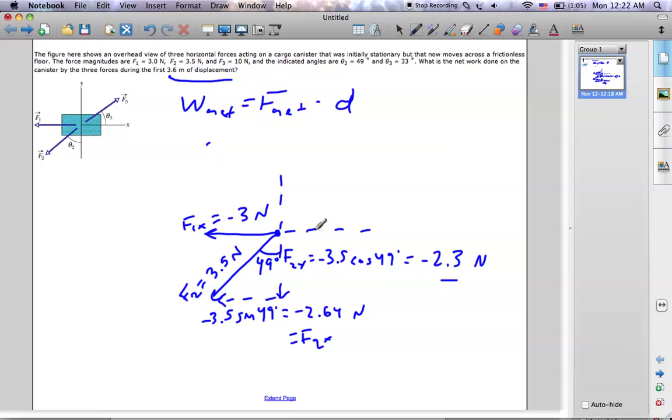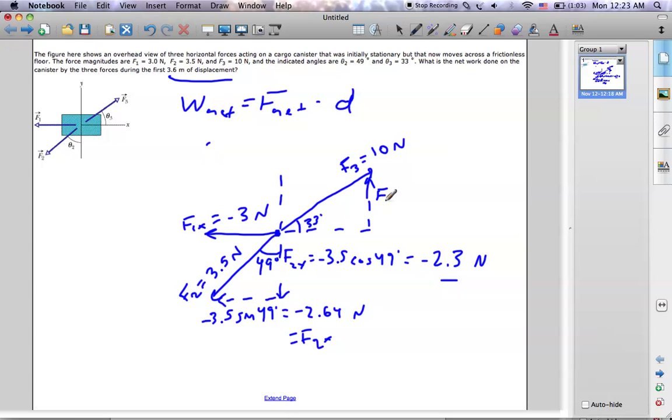And then there's this third force with a magnitude of 10 newtons. Breaking it up into its components, the angle between that force, F3, and the x-axis is 33 degrees.